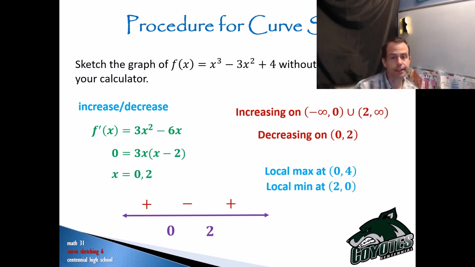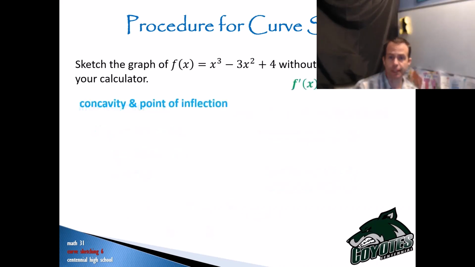Now I want to look at concavity and possible points of inflection. So I have to get the second derivative. Second derivative would be 6x minus 6. Where does that equal 0? My important point to check would be at x equals 1. Plot that on a number line and check to the left and to the right.